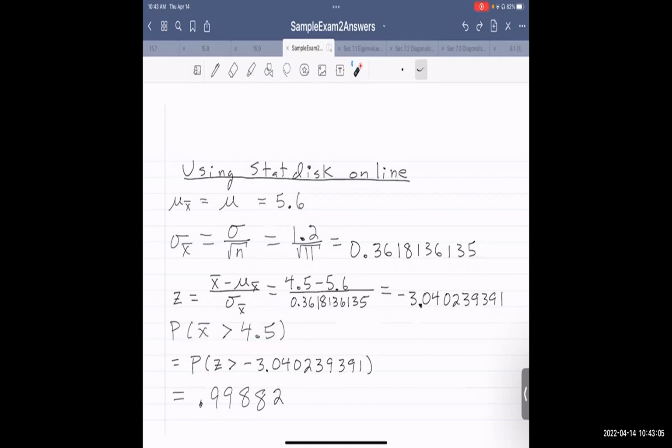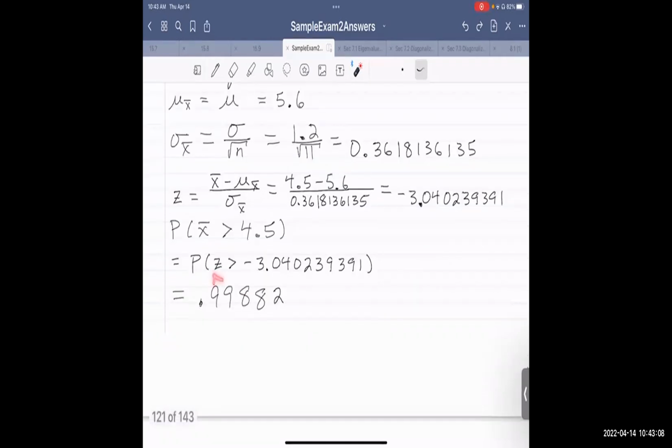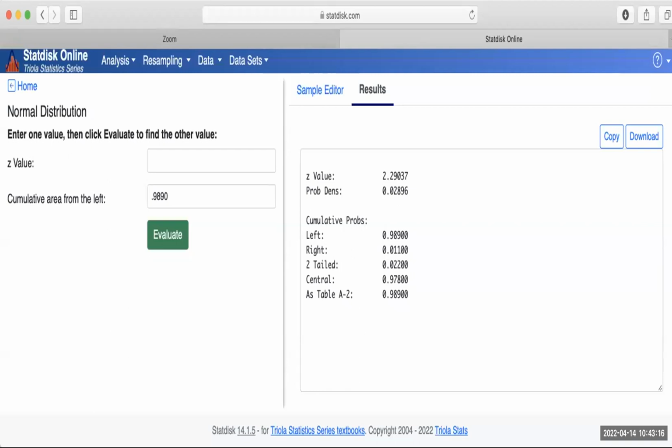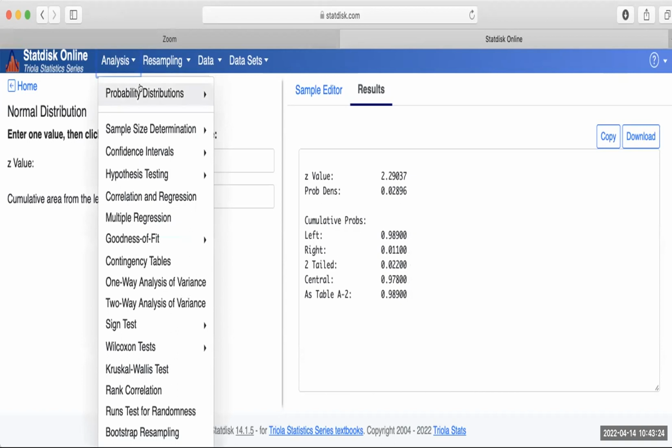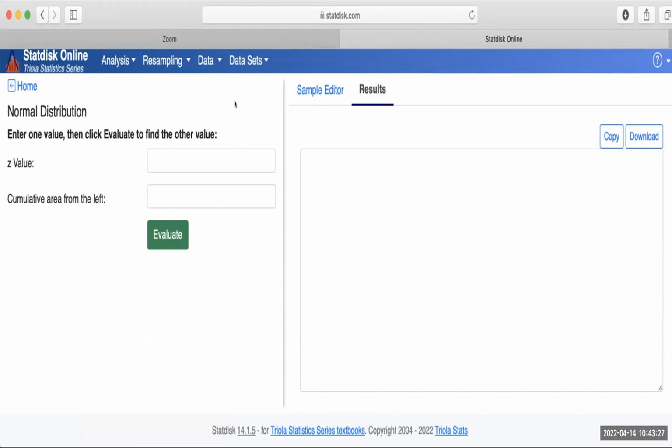I want to find the probability that X bar is greater than 4.5. That's the same as finding the probability that Z is greater than negative 3.040239391. So let me type that into StatDisk Online. First, I go up to analysis, probability distributions, normal distributions. I'll type in the Z value of negative 3.040239391.